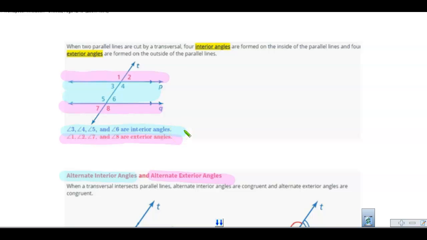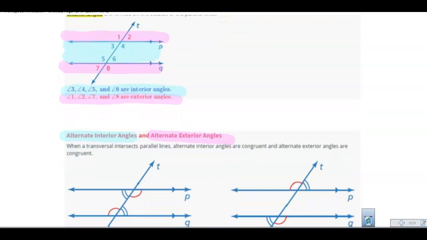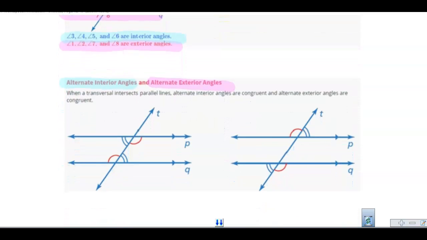When we are talking about an angle relationship that is called alternate angles, what we mean is they are on alternate sides of this very important transversal line.